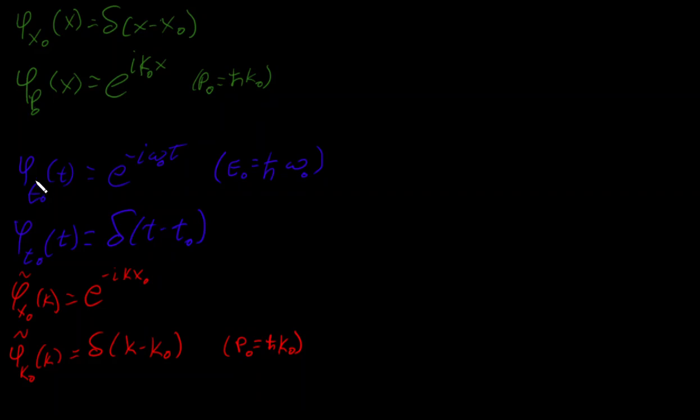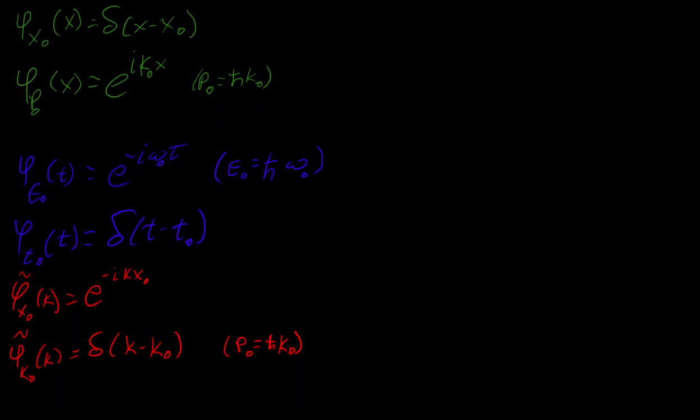The time part of the wave function doesn't make sense as just a function of time, because that would imply that there's a probability of finding the particle at some time. A wave function can evolve in time, so it can be a function of time, but it can't really be a function of only time. So this is obviously an incomplete picture, but it's important.